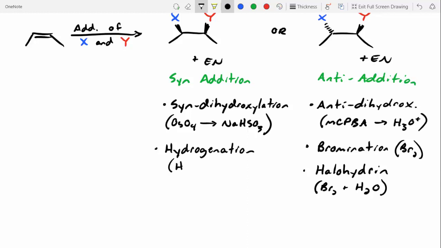That's when we have something like H2 and platinum or palladium. All right, so let's see if we're hitting them all. What about hydroboration oxidation? Does anybody remember that one? That one was tricky. Was that syn or anti? Syn. So hydroboration oxidation.